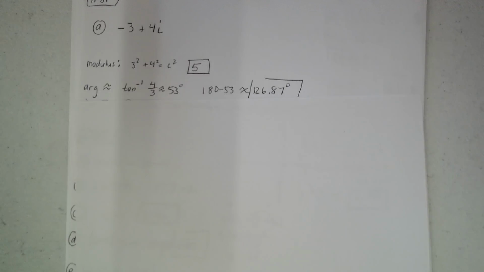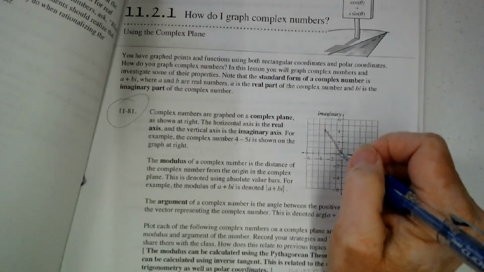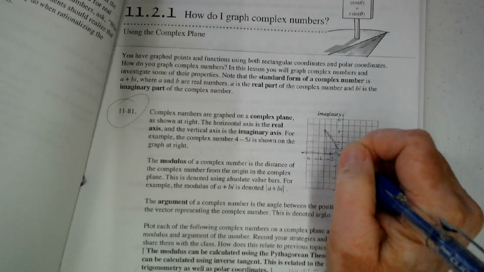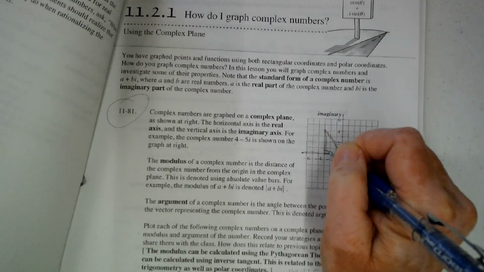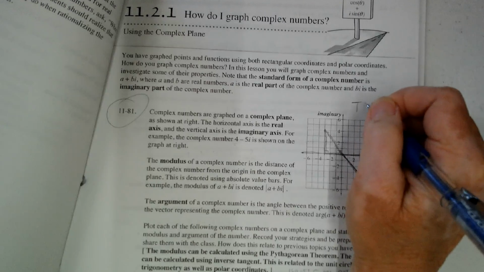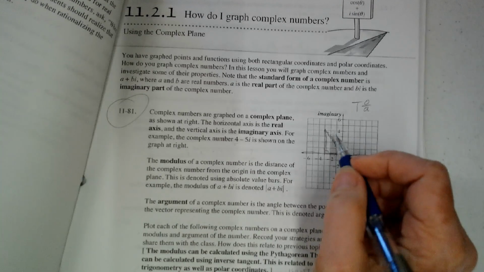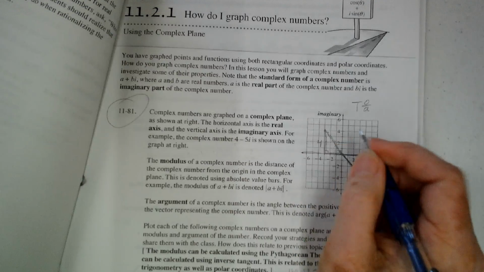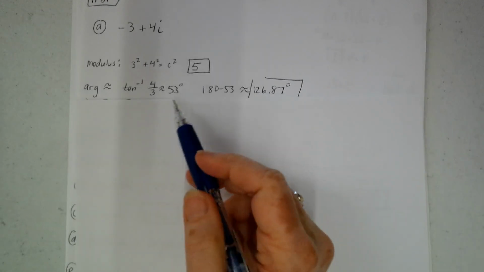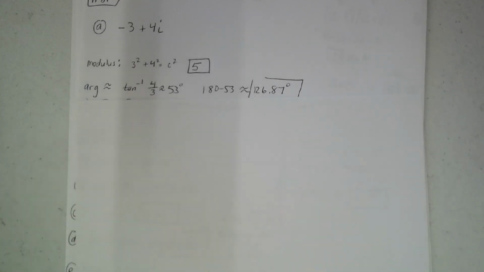And then if I want the angle measure, I'm going to get the angle measure from the positive x-axis. If I just think of it as a right triangle, it's going to make it a lot easier. Tangent is opposite over adjacent. So I know this is 1, 2, 3, 4, and this is 1, 2, 3. So I'm just going to take the inverse tangent of 4/3, and I got 53.